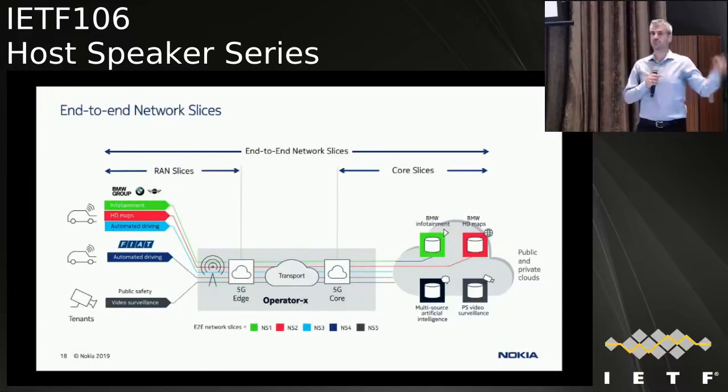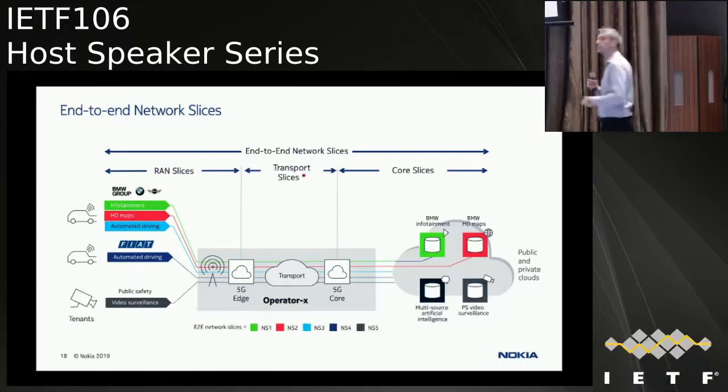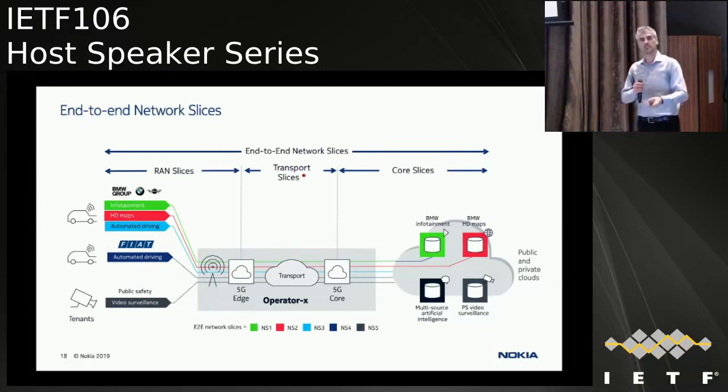Now I created RAN, I created core, now I have to do the connectivity between them. And here the transport slice comes into the picture. Basically, a transport slice is a group of connectivity with a specific SLA/SLO.